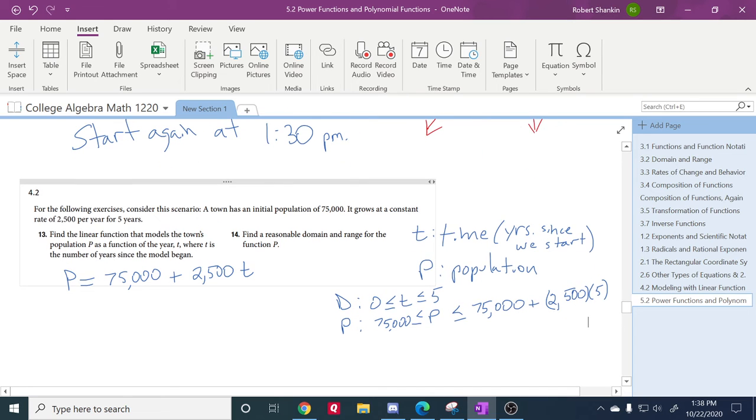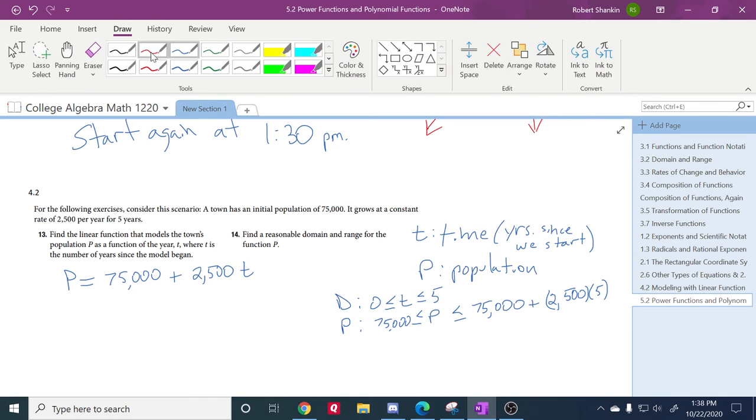All right. Does that answer your question for number 14? So what would the range be? Like P? The range is P. Oh, yeah. I wouldn't put P, I'd put R for range. The domain is that, the range is that.